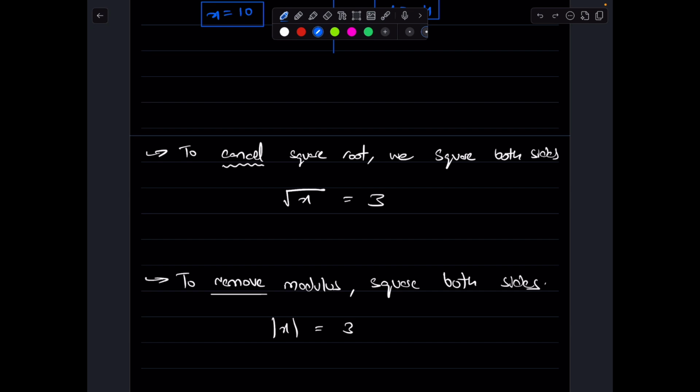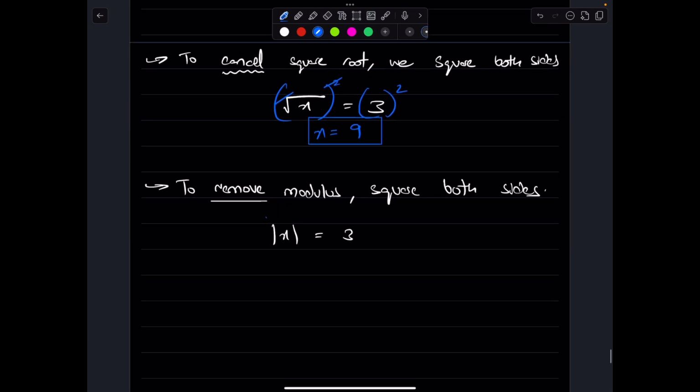So in case of a square root, we square both sides, and the square cancels the square root, and x turns out to be 9. But in case of a modulus, to remove the modulus we also square both sides, but the square cannot cancel out with the modulus.